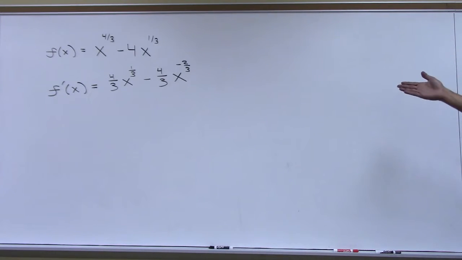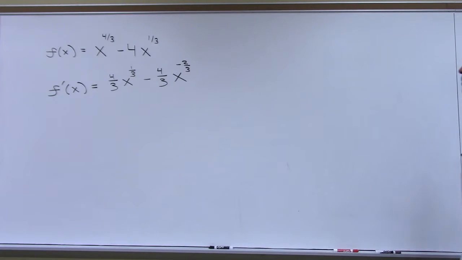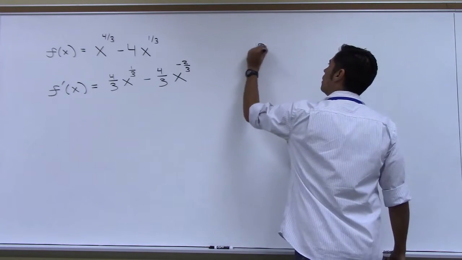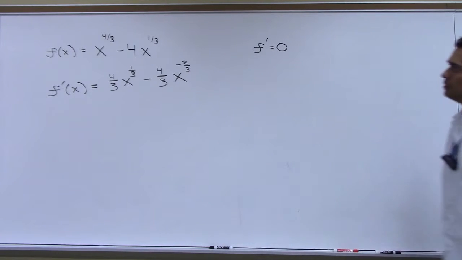Now I have to set that equal to 0, right? So that's not something very pretty to set equal to 0. You could do that. You could factor out 4/3. I'm willing to do that, but in every problem I've done like this, I've never factored the 4/3 out in class.